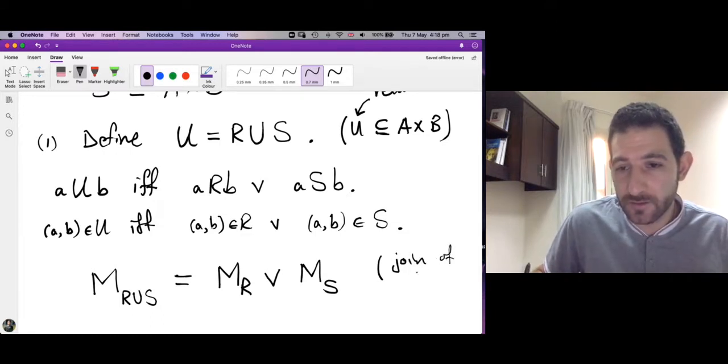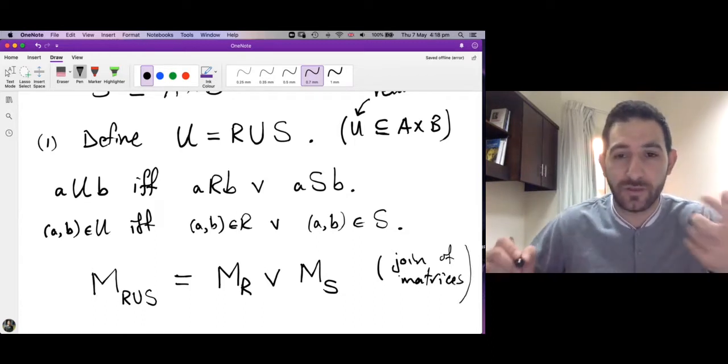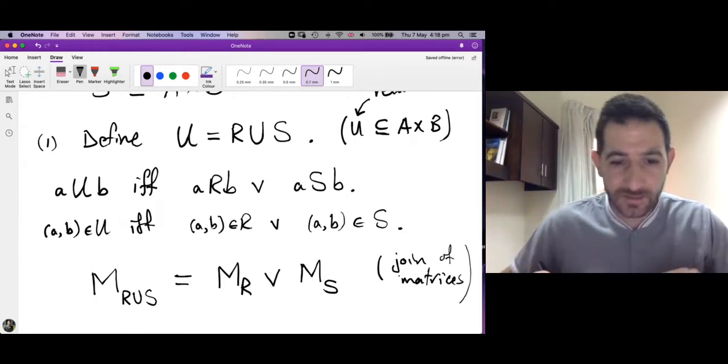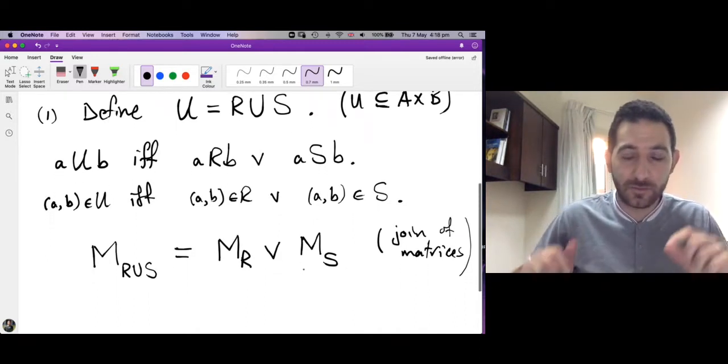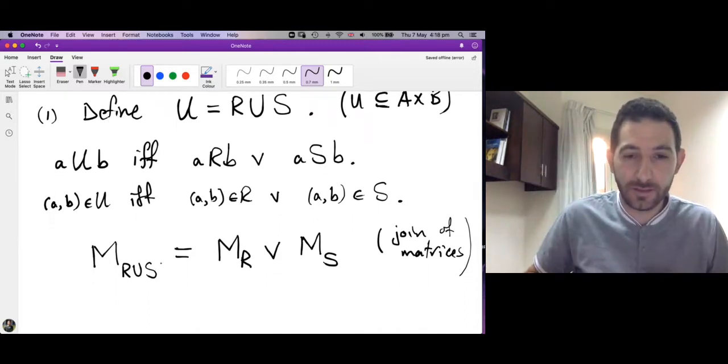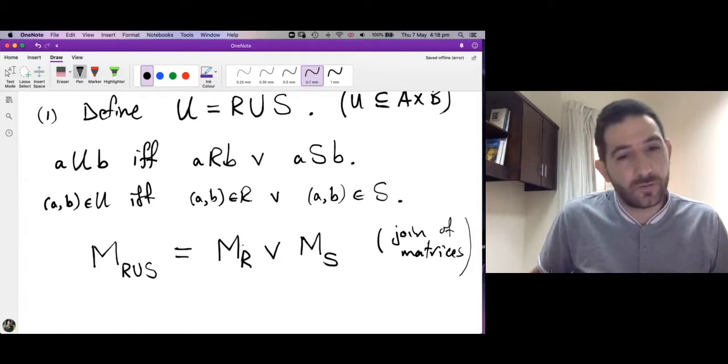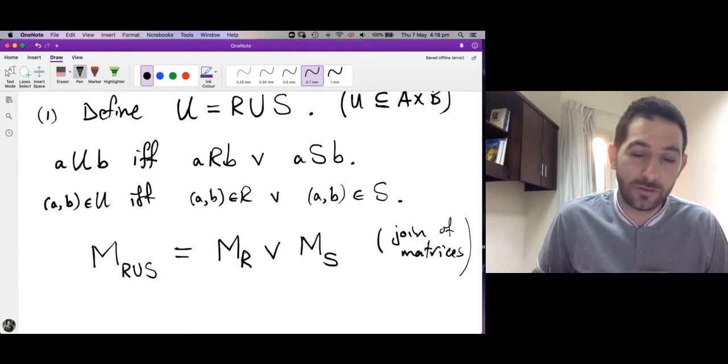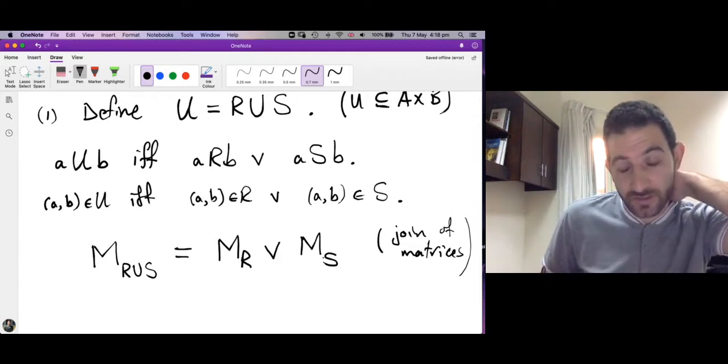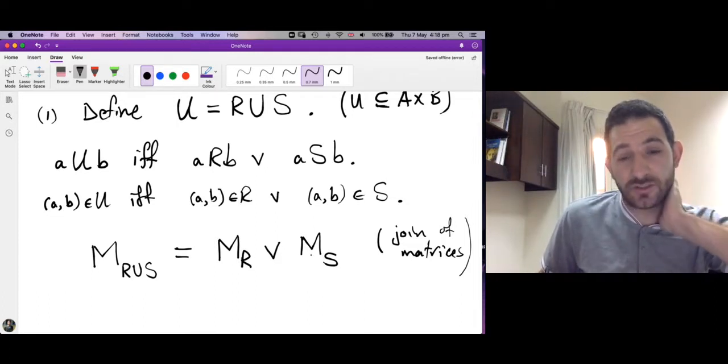Remember the join operation of Boolean matrices, which says that we look entry by entry: 1 join 1 is 1, 1 join 0 is still 1, 0 join 1 is also 1, and 0 join 0 is 0.